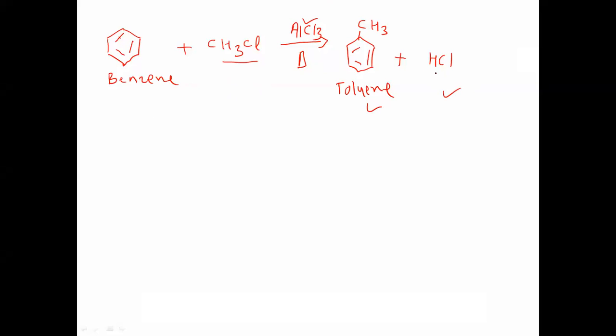So let us calculate the efficiency of this reaction. How to calculate efficiency? That is with respect to percentage atom economy. So what is the formula? Percentage atom economy is the molecular weight of product divided by the total molecular weight.